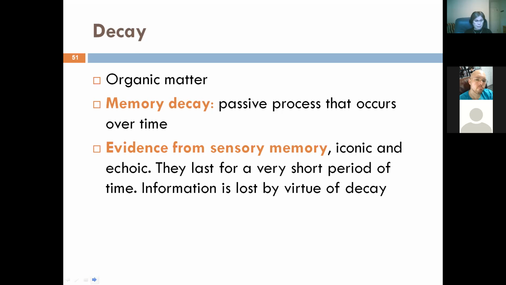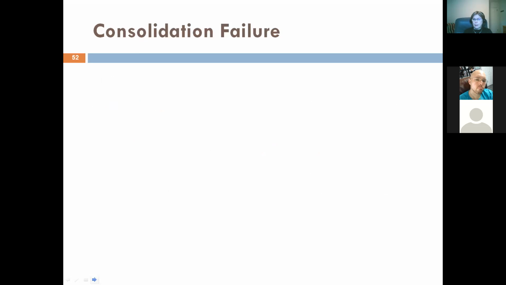Good examples are what we talked about a week ago, echoic and iconic memory, sensory memory, that is auditory and visual memories. They only last for a very short period of time. You don't need to do anything, they just disappear by virtue of decay. That's an example of that. So it's one of the possible explanations. You don't need to do anything, it's just going to go away.